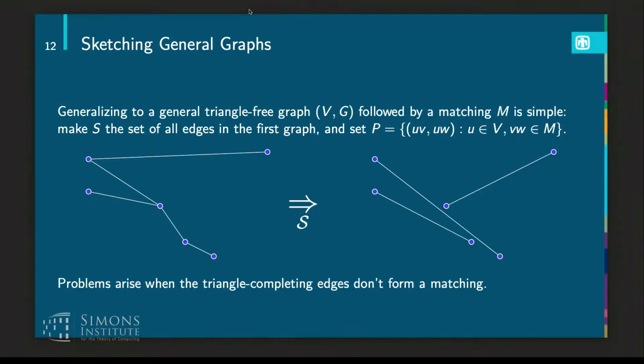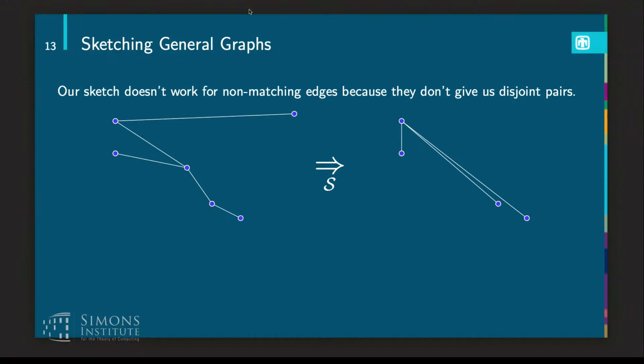Unfortunately, it's not quite as simple to deal with the case where the edges in the second part of the graph, the second half of the stream, so to speak, don't form a matching. Remember that we needed our set of pairs to be disjoint. If, for instance, the second graph is a star on one vertex, then we don't have a valid set of pairs.